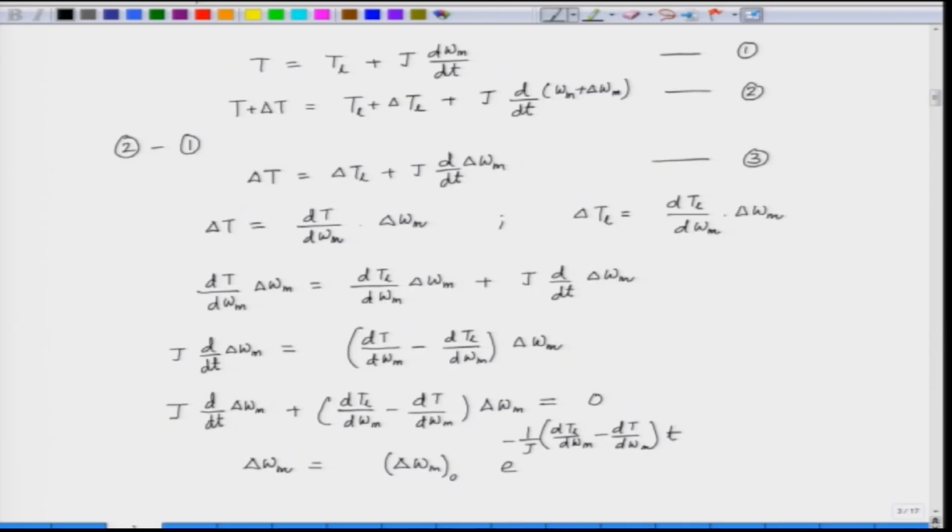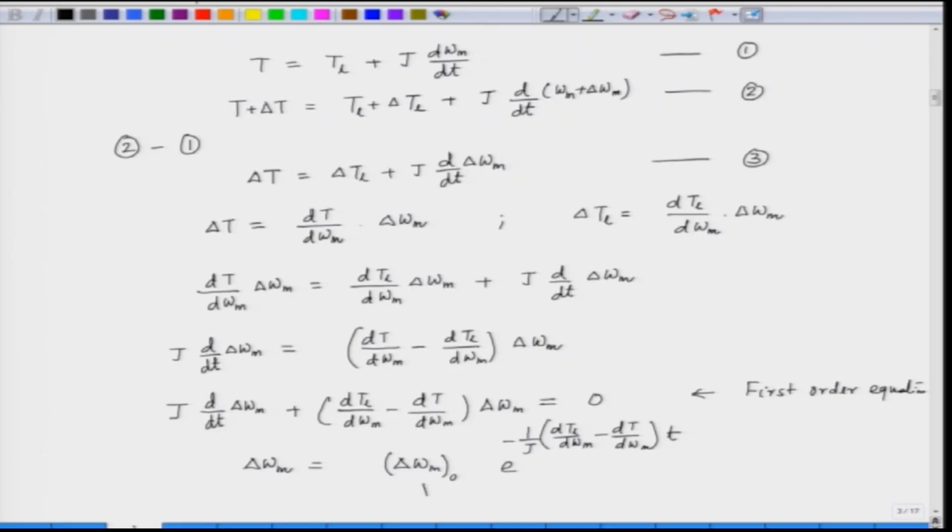This is the solution of this first order equation. If we solve this equation, we get the solution of this particular form.